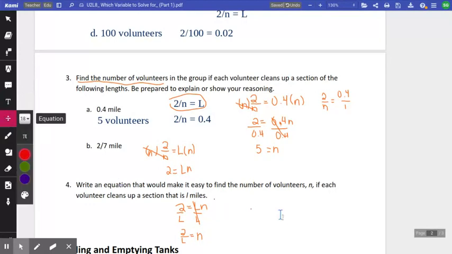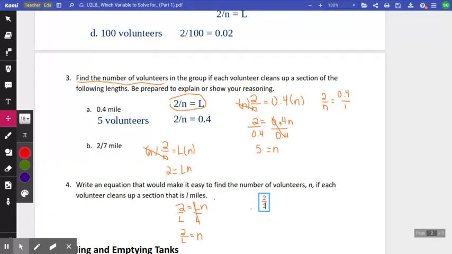All right. Well, if each person is cleaning 2/7 of a mile, means 2/7 is our length of the road. So I'm going to take 2 and divide it by the length, which is that 2/7. Now, I could put a fraction and a fraction. Some people also find it helpful to instead change it to a decimal. It is up to you.